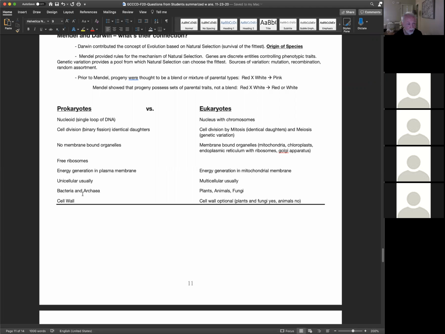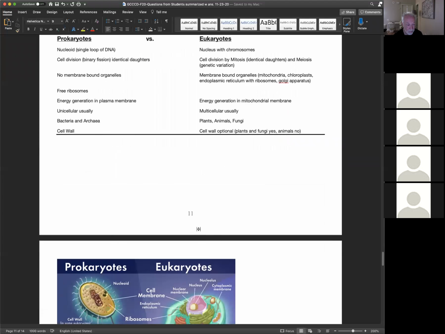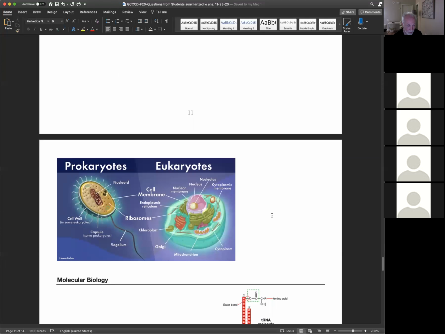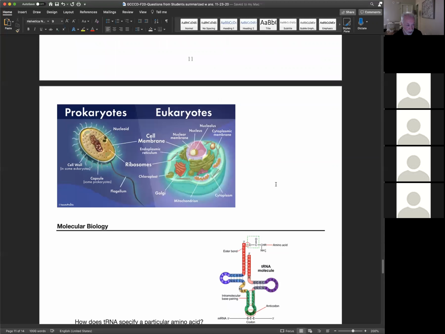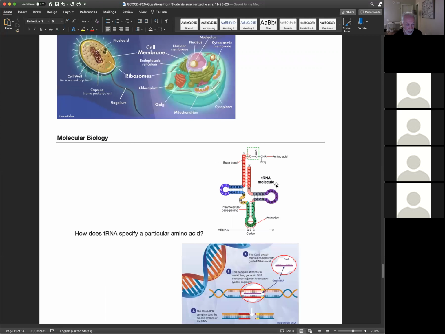The prokaryotes are almost entirely bacteria and archaea. Eukaryotes are plants, animals, and fungi. And finally, prokaryotes always have a cell wall. In eukaryotes, it's optional. Plants and fungi usually do. Animals do not. And I put in a picture here illustrating what's on that list.